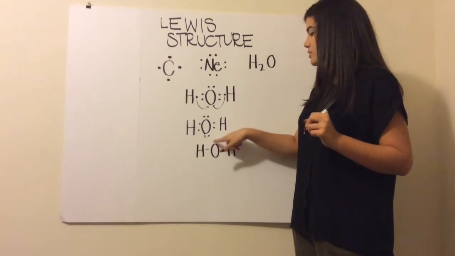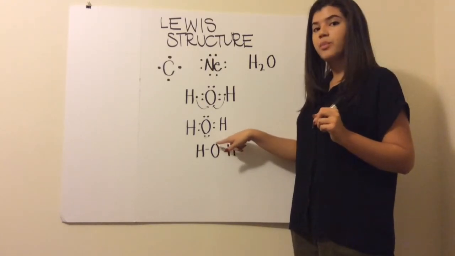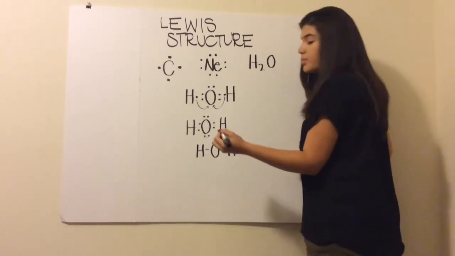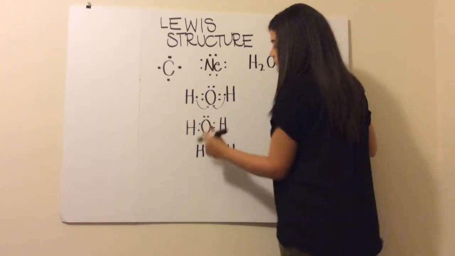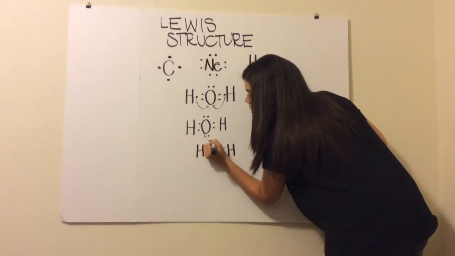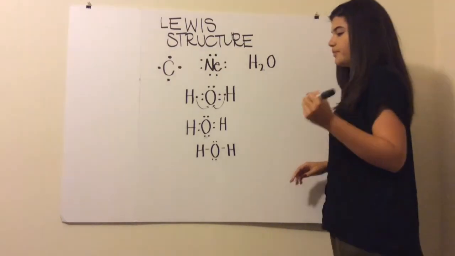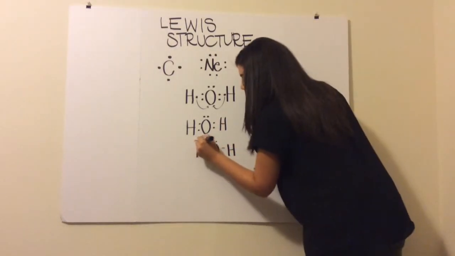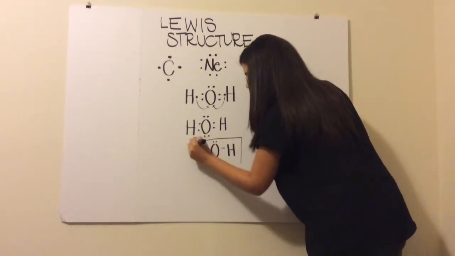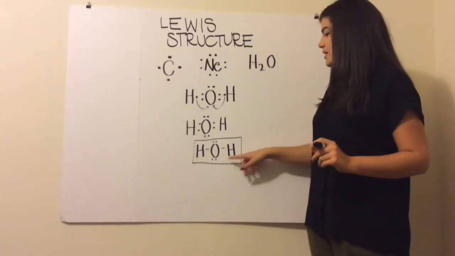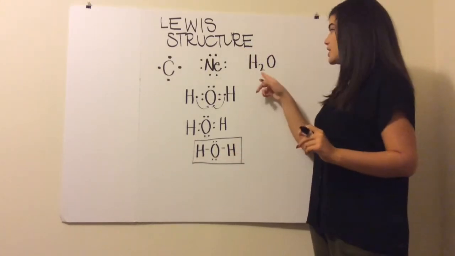Now, you have to fill out the remaining electrons that are left. There are 4 left, so you're just going to draw 4 dots over the O. This right here is our finished product, and that is the Lewis dot structure for H2O.